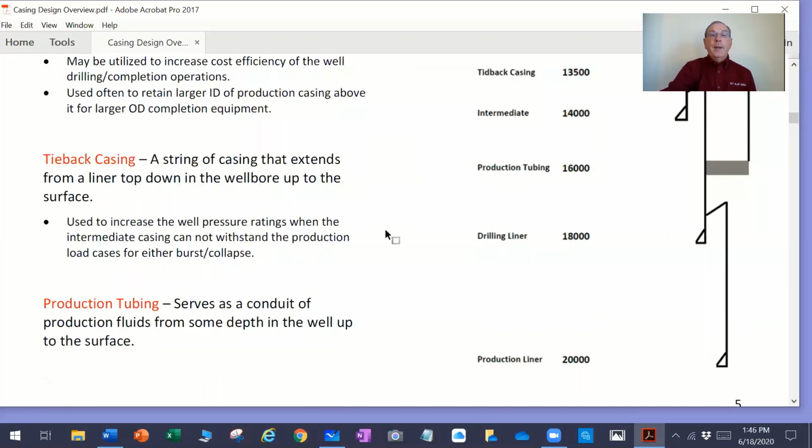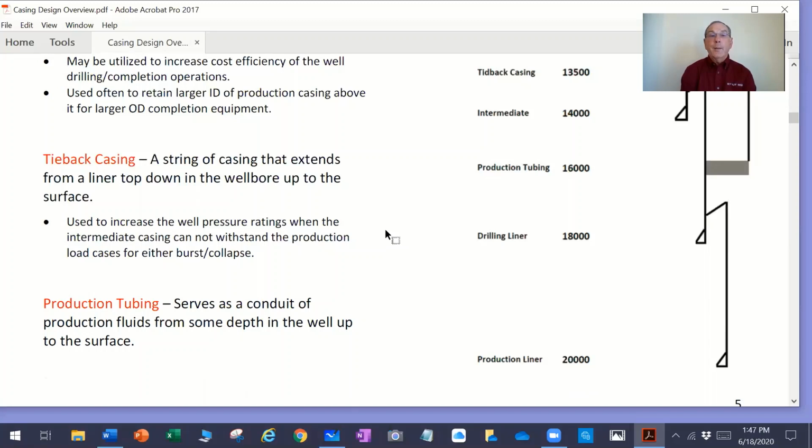And then we may run a string of casing, a tieback string of casing, that extends from the liner top in the wellbore up to the surface. So quite often we will have to run a tieback string of casing when our pressures exceed the rating of our intermediate casing and we're not able to complete the well through intermediate casing.